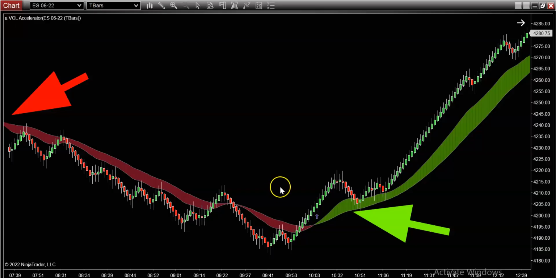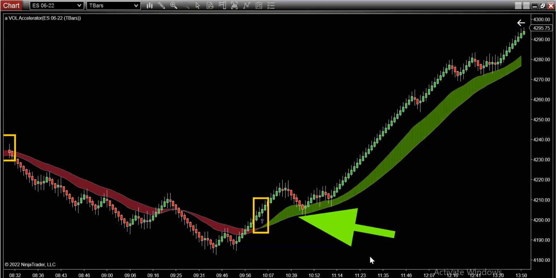Because I like to look at a chart like this. I'm a very simple person. I like to look at a volume profile chart, and I need to know quickly, in a matter of seconds, tell me what direction the volume is indicating. Is it indicating a bearish trend, or is the volume indicating a bullish trend?